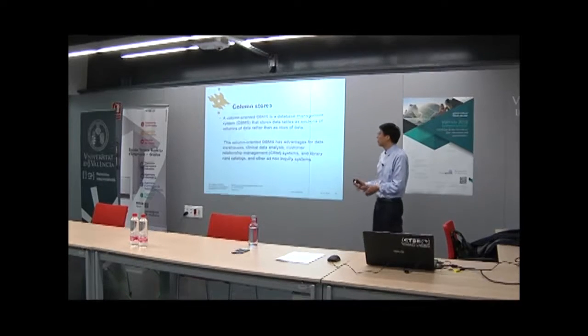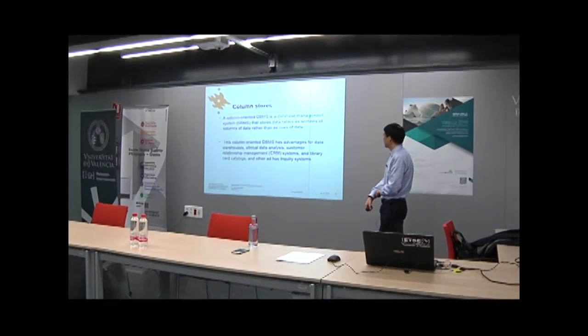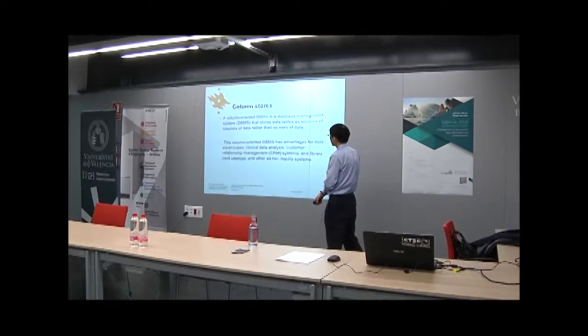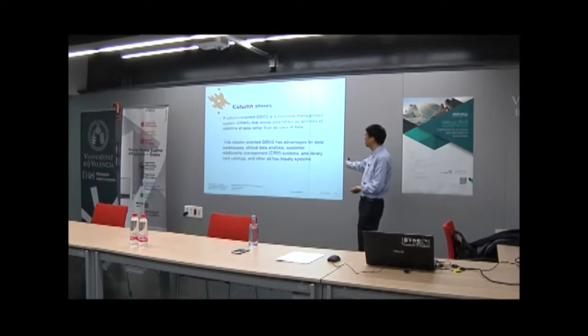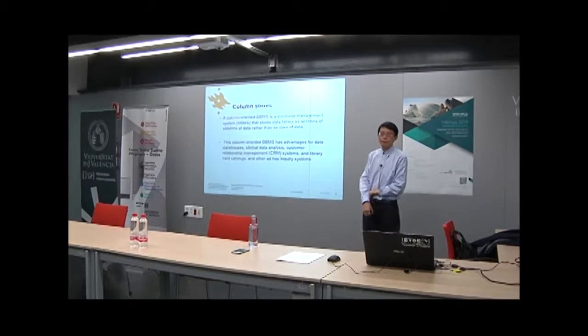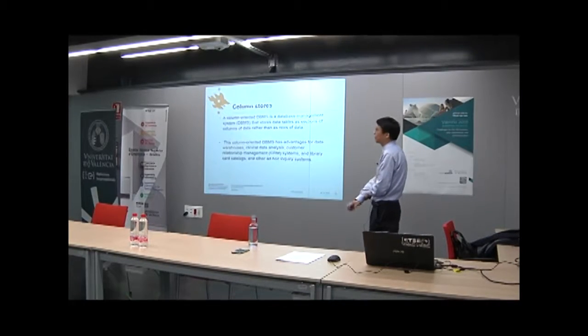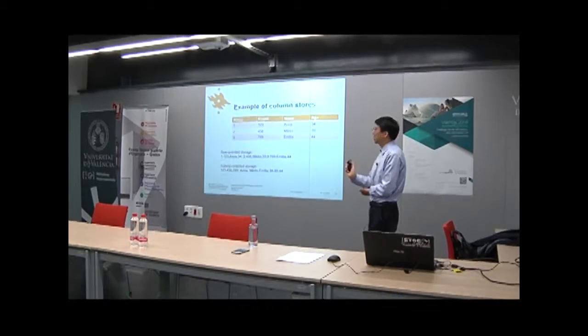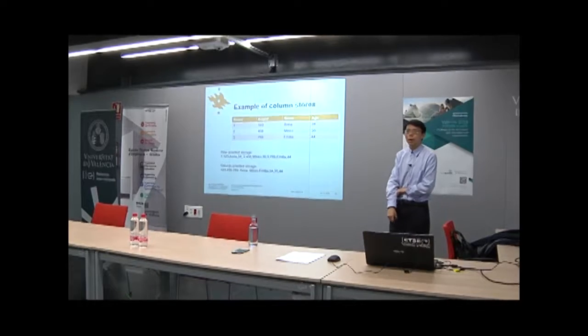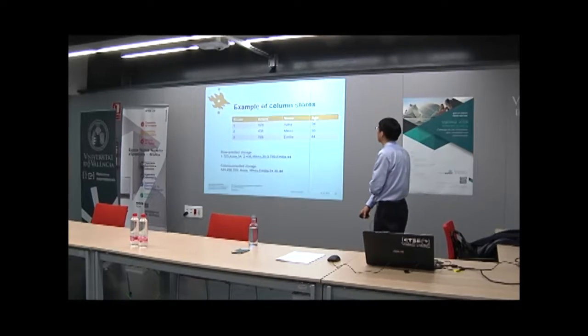A column-oriented DBMS has advantages for data warehouses, clinical data analysis, customer relationship management systems, library card catalogs, and other ad hoc inquiry systems. The column database is mainly used for analysis of data because they store data by column, so it is more convenient to get aggregation values for one column.